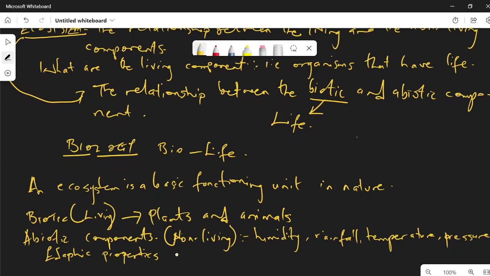When we talk about edaphic, we're actually talking about the soil. So like the soil pH, we can talk about the topography of the soil, how slopey or steep it is.